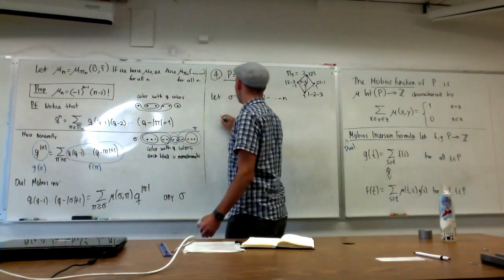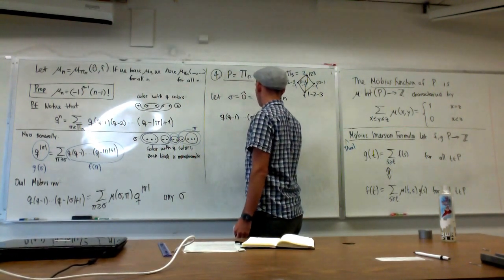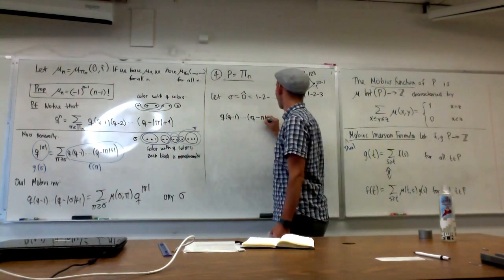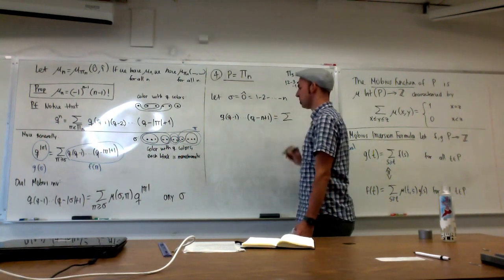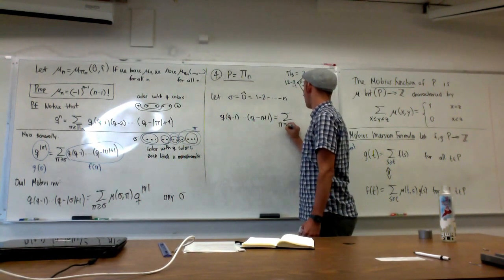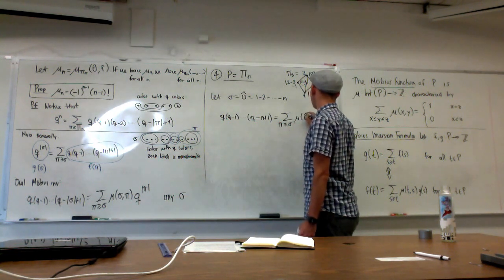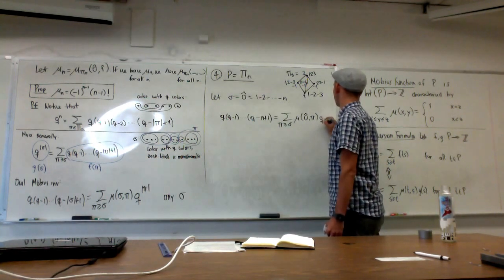So what do I get? I get q times q minus 1, dot, dot, dot, up until how many blocks do I have? The number of blocks is n. Equals sum over pi greater than or equal to sigma of mu of 0, pi, times q to the pi.